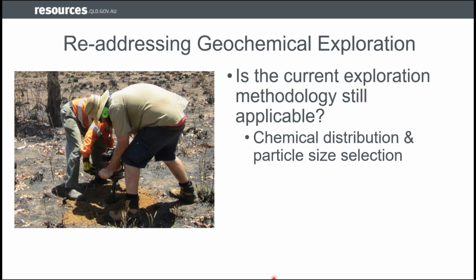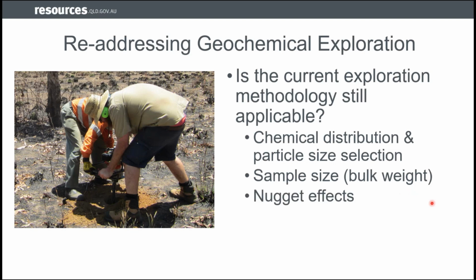One is the Cape York catchment sediment data set, where I look at the distributions of elements according to different grain size and particle size itself. Related to that point, if it is partitioned differently into different grain sizes, your sampling technique has to change too, because sampling techniques depend on grain size. The third thing that you have to think about is the nugget effect.